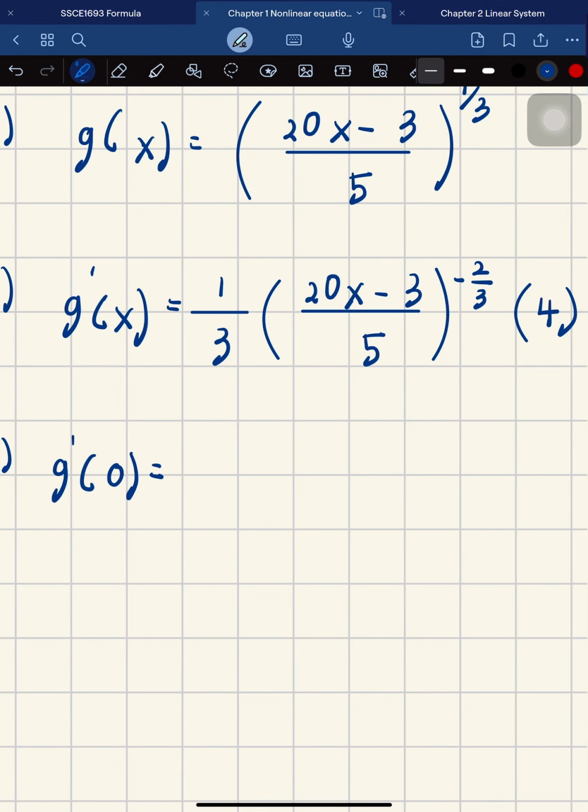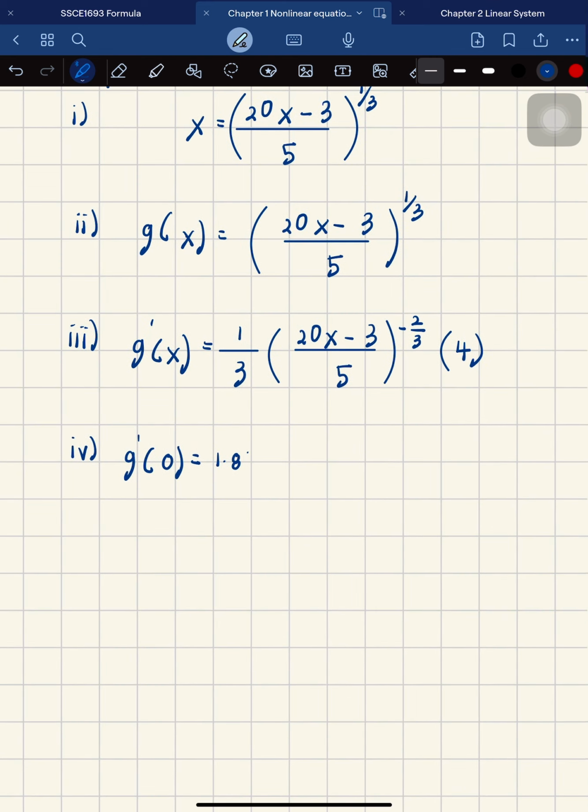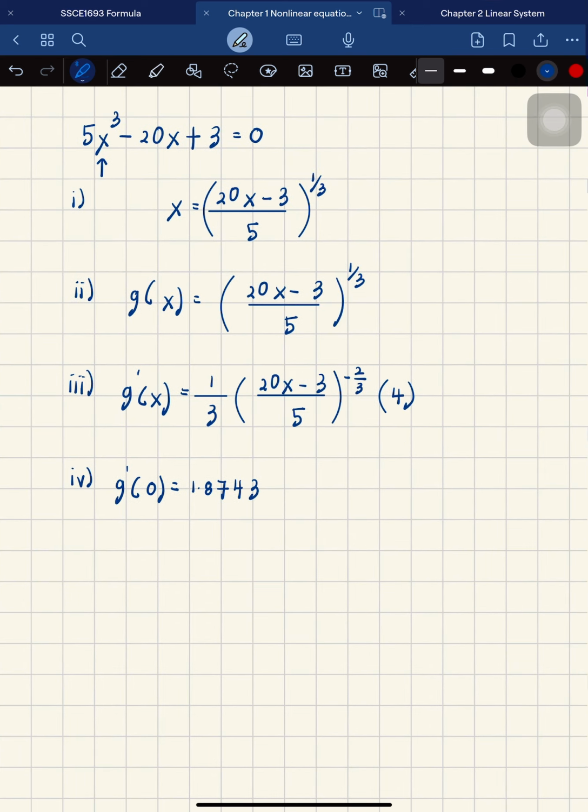Your answer is 1.8743. That is out of the range. Therefore, this g(x) cannot be accepted as the value of g, because it is out of range.